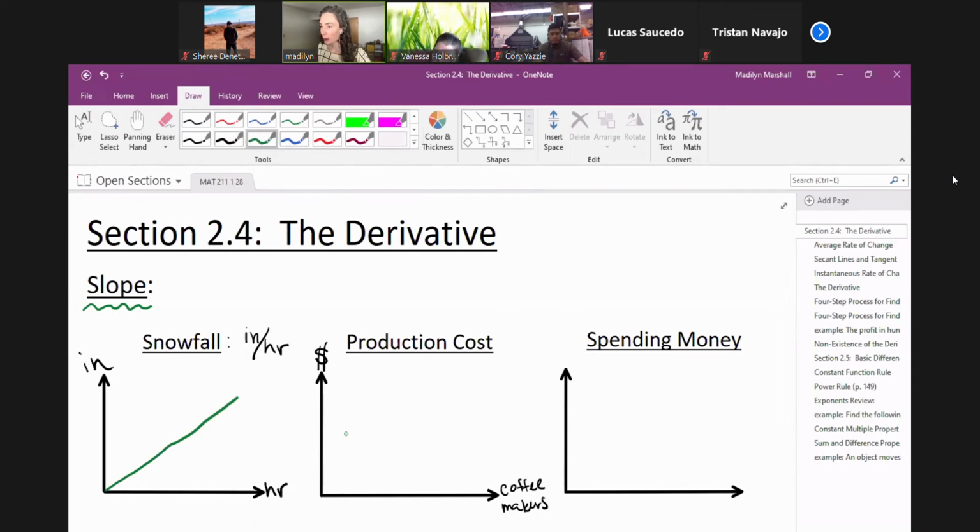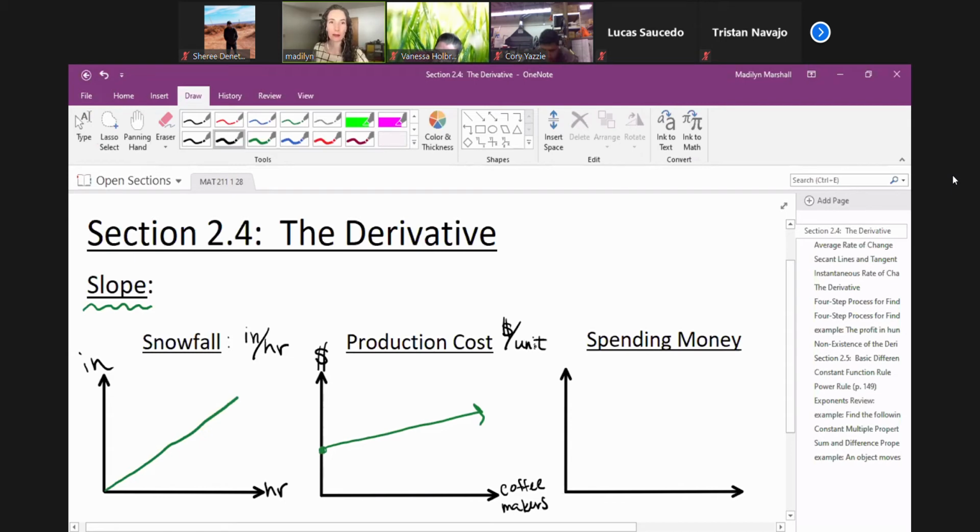You probably have some setup costs, so you probably won't be starting at 0, and then your costs would increase based on how many coffee makers you're making. Again, we have a slope to this function for production cost. In this case, our slope would be in units of dollars per coffee maker. Every coffee maker we produce, we'll have to add a certain amount of cost to our production costs.